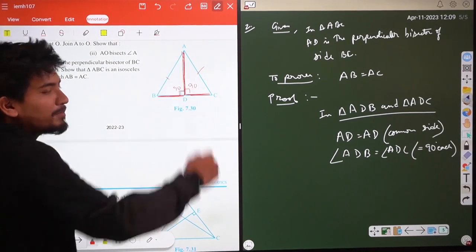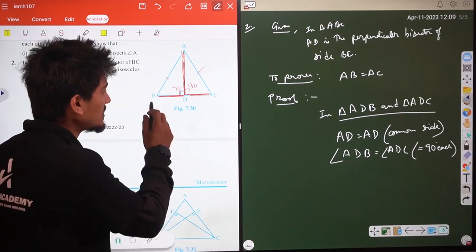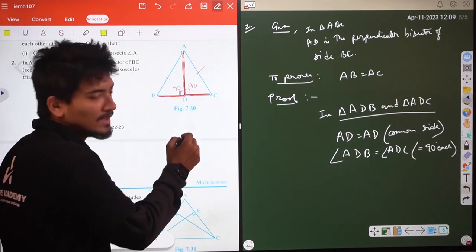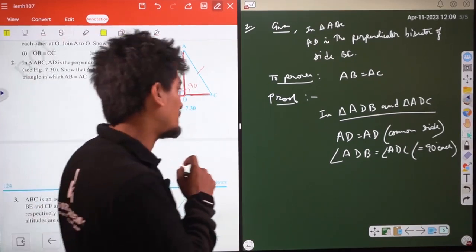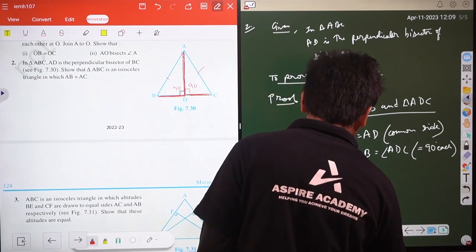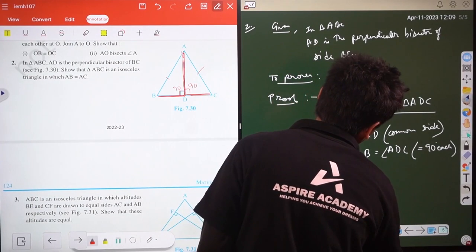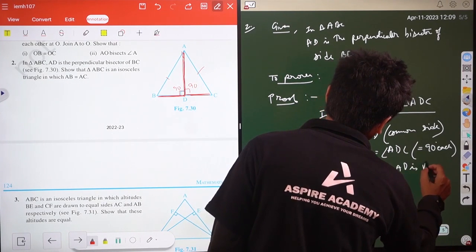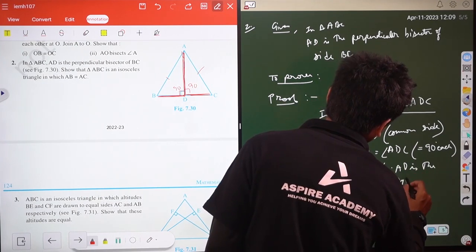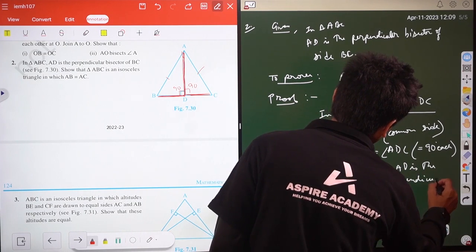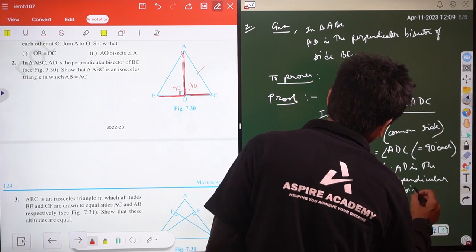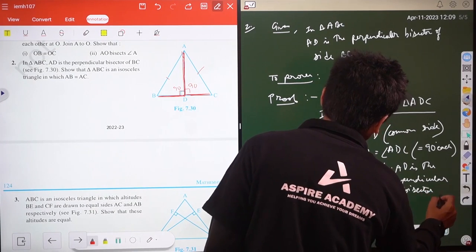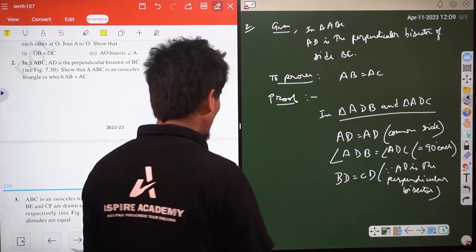Because AD is the perpendicular bisector and it cuts the side BC at point D, which is the midpoint of this line. So you can write that BD is equal to CD, since AD is the perpendicular bisector.